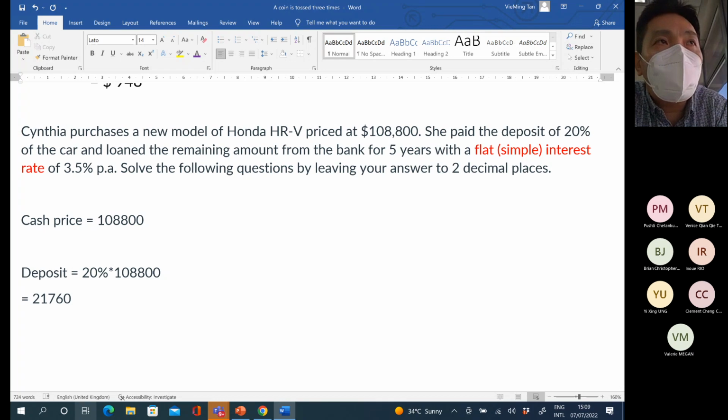So when the question involves installment purchase, there is one very important variable that we need to identify first, even though the question does not ask us to do so, but we need to get ready the information. So what is the information we need? For hire purchase installment, number of years. Years is 5 years, already given.